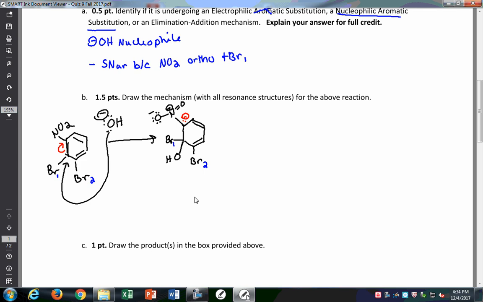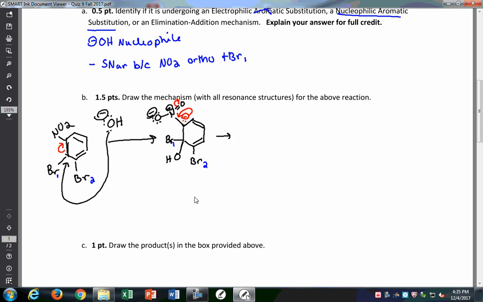So remember, NO2 always looks like this. The NO2 can really stabilize the lone pair by accepting the electrons, and then it'll have to push electrons onto the nitrogen.